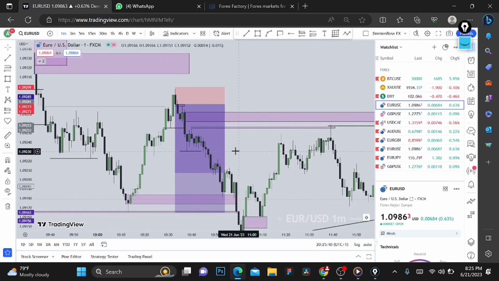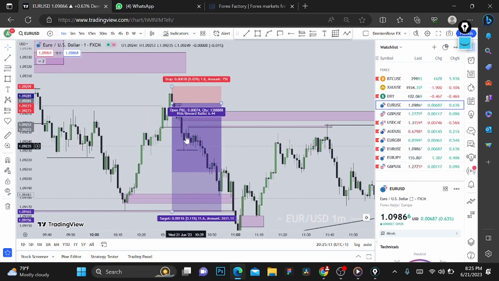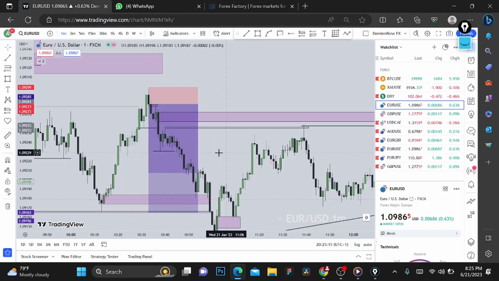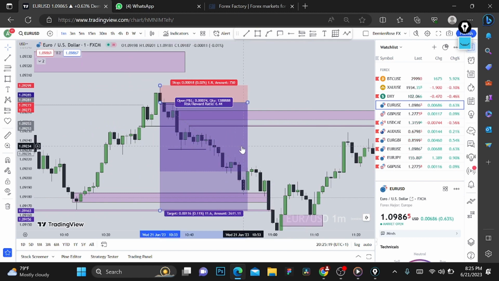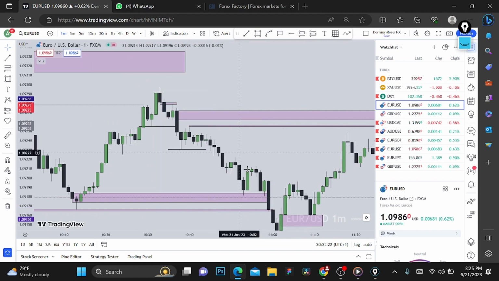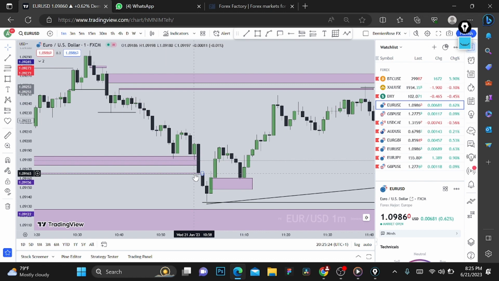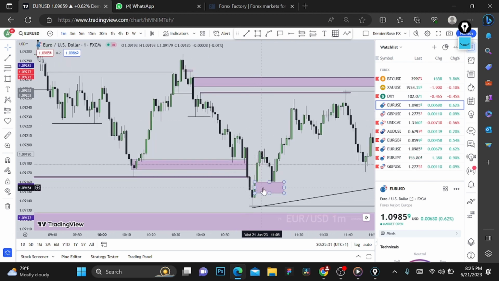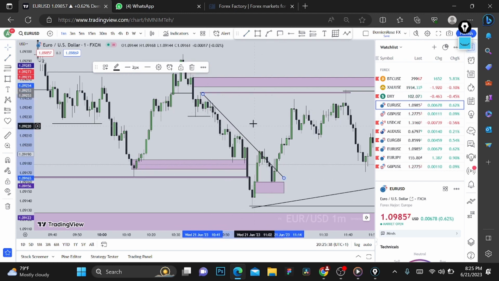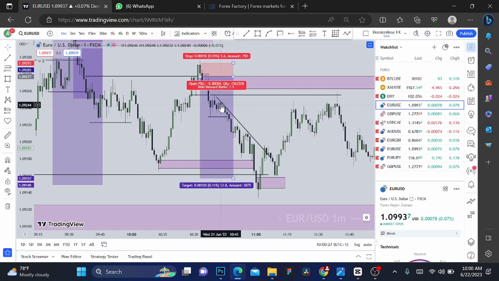Then if you look closely again, you see the market did another one again. So let's say you miss this one. Once the market smoked these guys out, for sure this is another re-entry. All right, so when you look at this, this is a huge trend line liquidity, right?